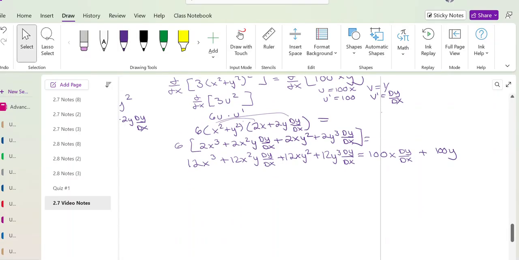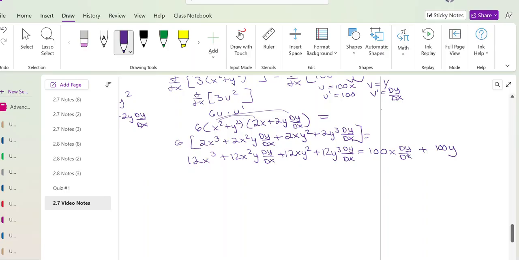So now, just like before, we want everything with a dy dx on one side. So I'm going to keep these two terms on this side. And I'm going to move the 100x over. And then everything else is going to move to the other side.